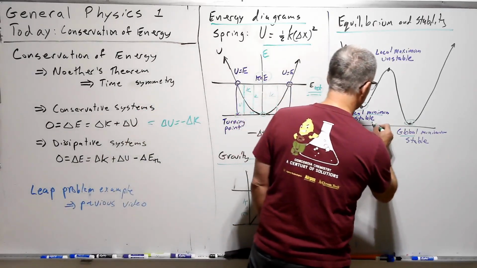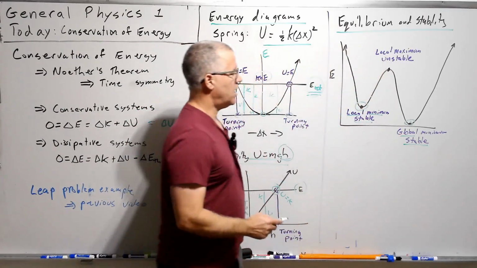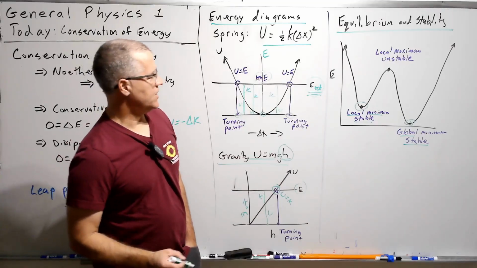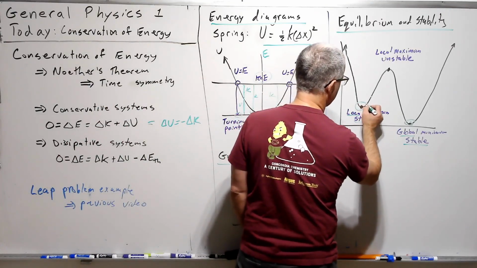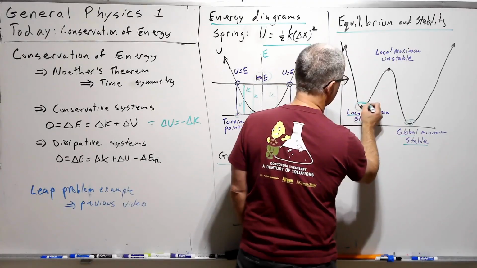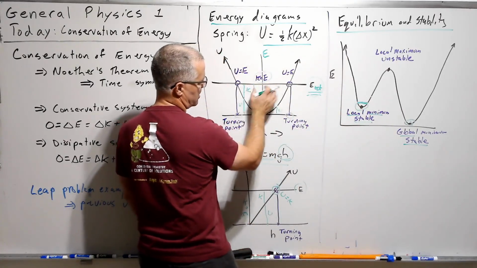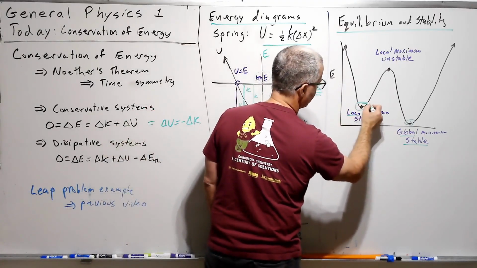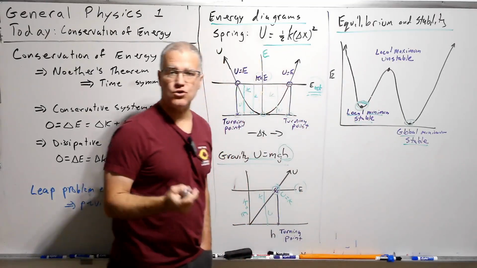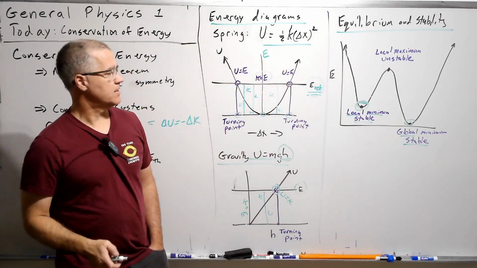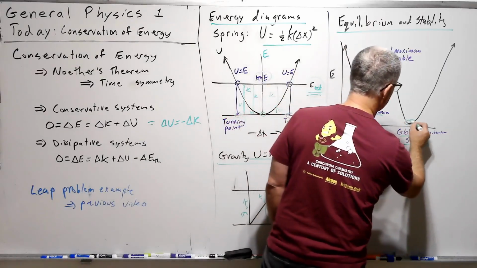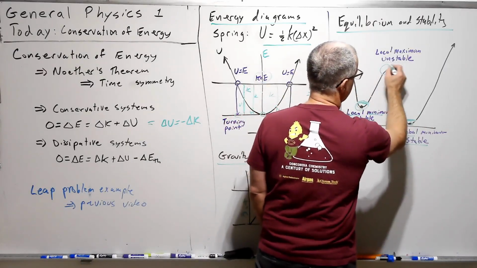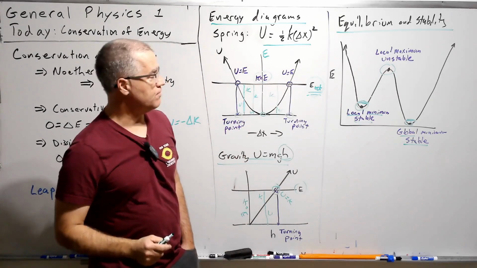Both global minima and local minima are stable situations. That is, if we kick the system with a little bit of energy, we'll see it go back and forth, but it'll stay local to that minimum. Same thing over here. Now, here's another type of point. Here's a local maximum.